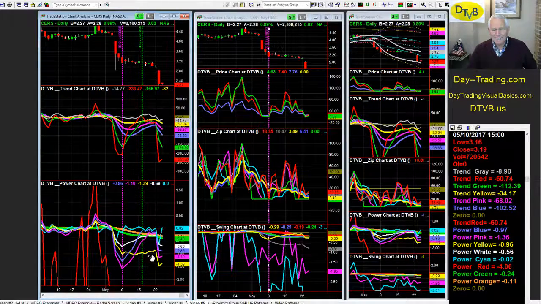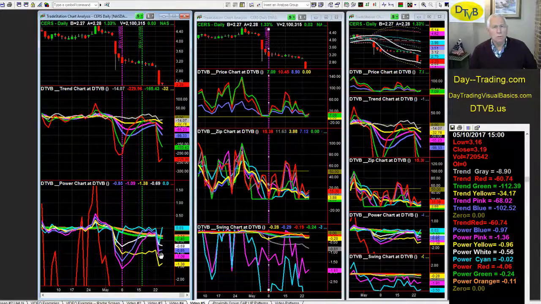It's a key indicator in its own right of several things. But keep in mind the power indicators. Your power red is your number one location indicator. When it is under 0, prices have a tendency to go down. When it is over 0, prices have a tendency to go up.